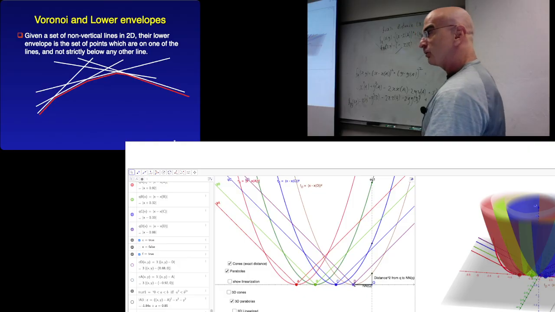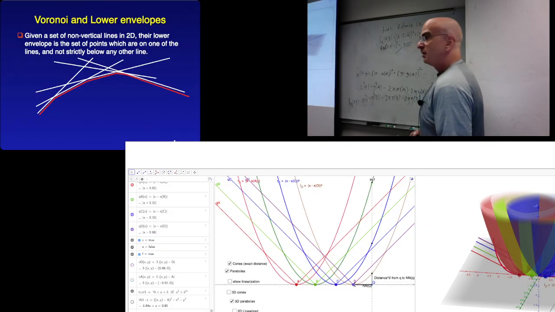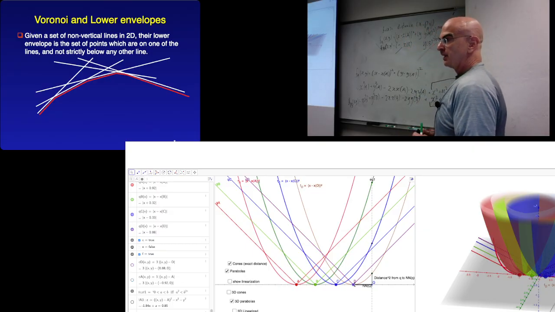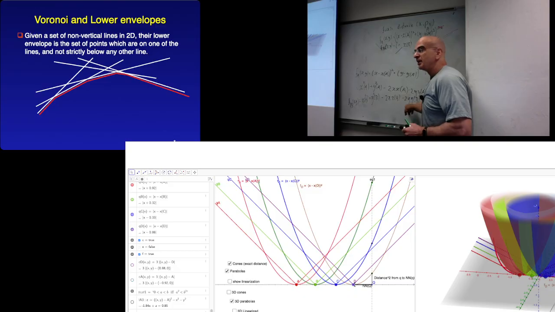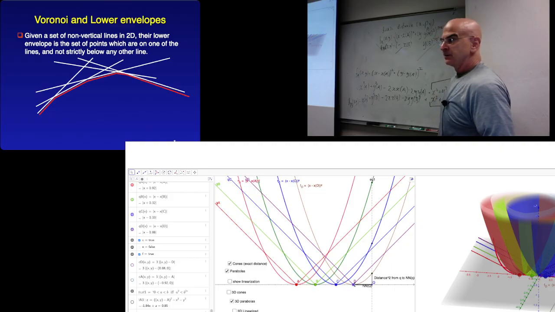What I want to draw your attention to is that the nonlinear part is the same for both A and B. The linear part depends on where A and B are in the plane. But the nonlinear part is the same for both functions.